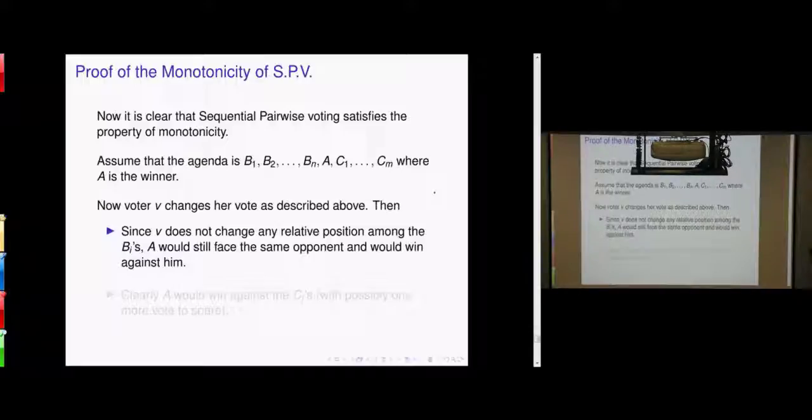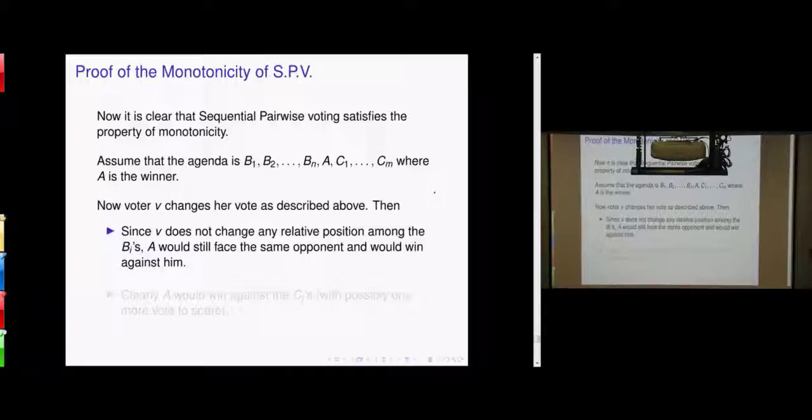Because the definition is so clear, it's easy to see. You only change A and B. All the other relative positions for other candidates are not changed. Suppose before C is above D, and after C is still above D. You only swap one pair, A and B. You didn't change anything else.